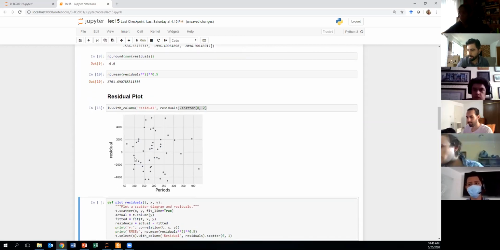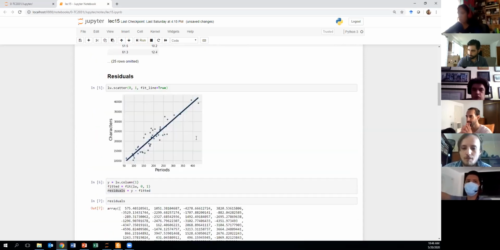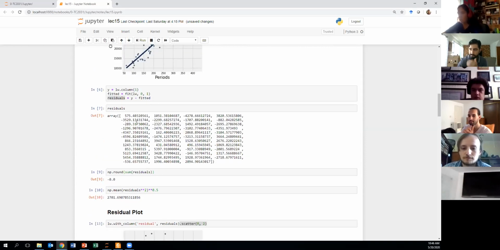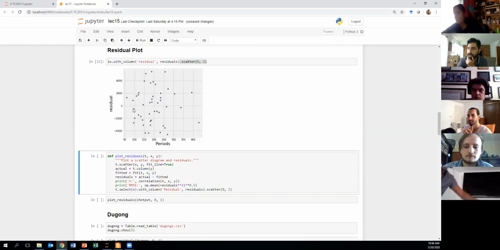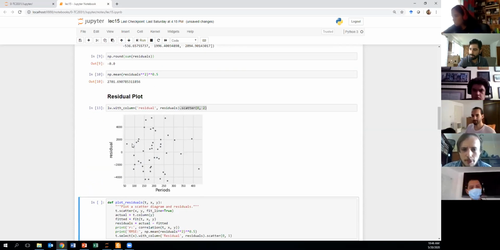If you can see here, this is the 0 line. Basically what it means is, for example, these two points are pretty close to my fitted value, or to my regression line. The farther we go, the farther the points are, and you get a bigger value. You see some of them are above it, some are below it, and I already showed you that if you sum all these values, you get 0.